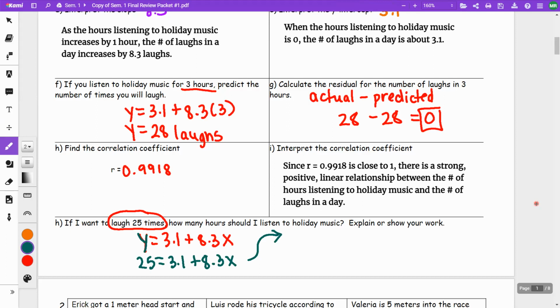So I'm going to minus 3.1 from both sides. So 25 minus 3.1 gives me 21.9. And then I'm going to divide both sides by 8.3. And when I divide by 8.3, I end up with about a 2.6. So about 2.6 hours.